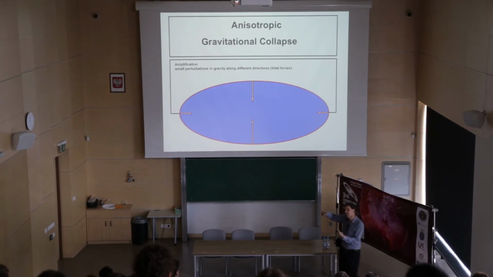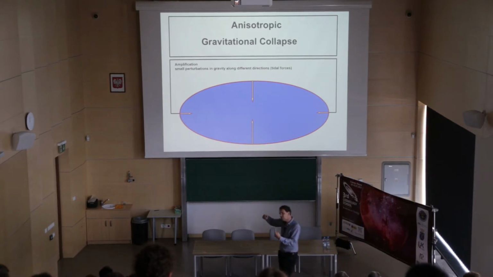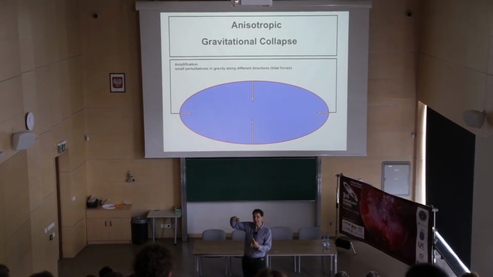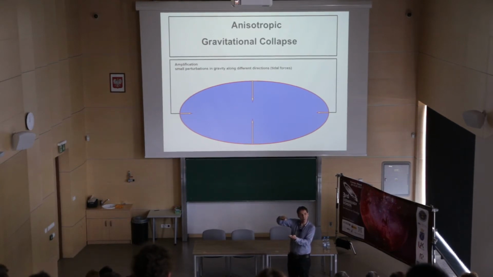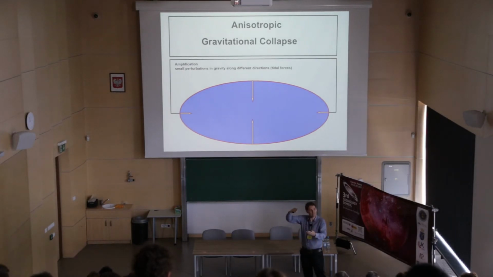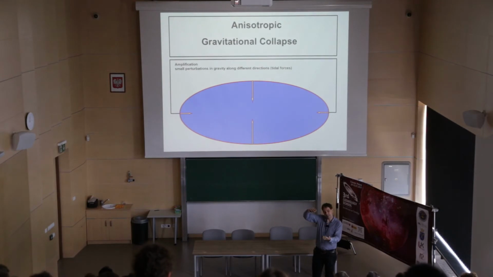But that leads to a strengthening of the flattening, right? Because it starts to flatten a little bit more in this direction than that direction. And that again is a feedback loop. That makes the gravitational force along that direction even stronger and stronger.